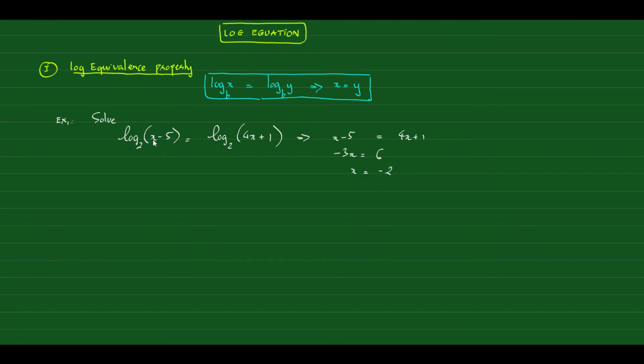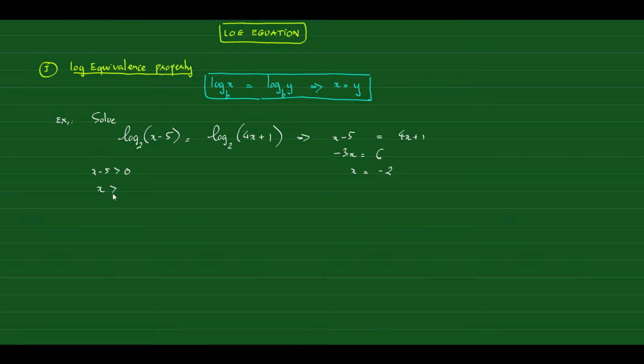We have to go back in here and check it, and you see that x equal to negative 2 gives negative 2 minus 5, negative 7. Over here is log base 2 of negative 7, and over here log base 2 is also of negative 7. But log base 2 of negative 7, can we go ahead and calculate it? No, because the argument must be greater than 0.